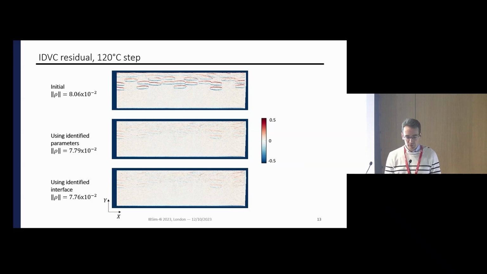And in terms of results, what we wanted was to check that this kind of model can be representative of the behavior. The good metric to measure it is to look at the residual, so the remaining error at the end of the computation. What we can see at the top is the initial residual.